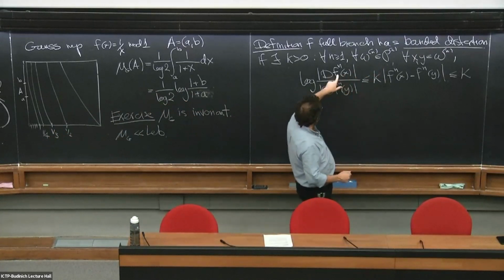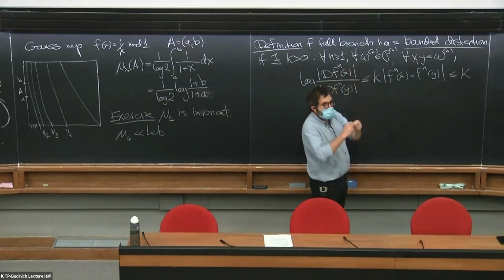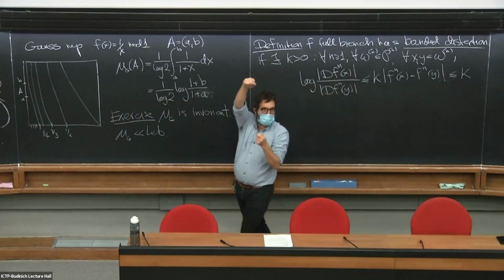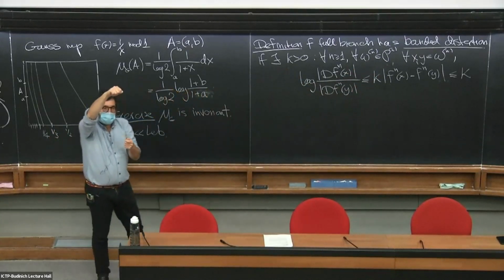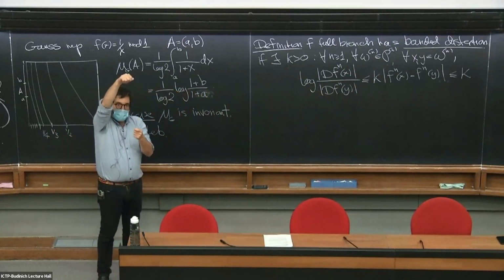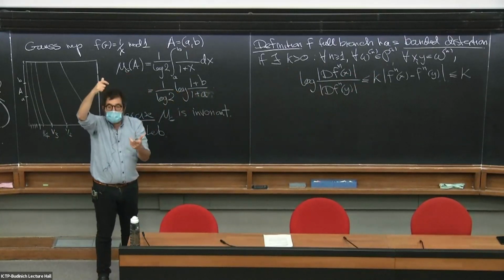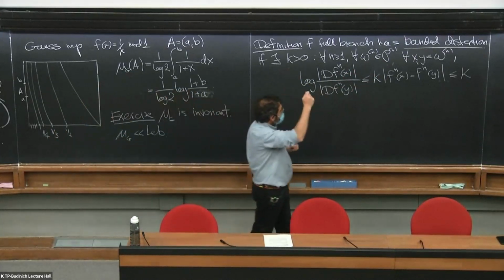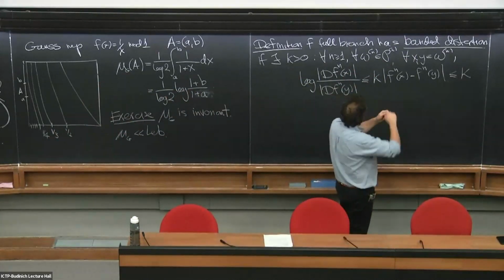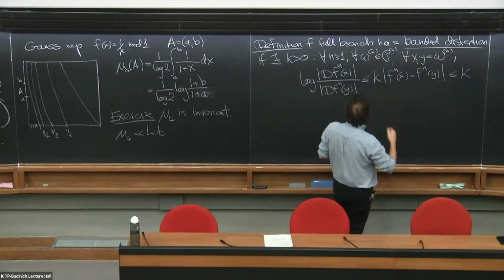And Fn is mapping each of these elements to the whole interval 0, 1, right? So the derivatives are going to infinity intuitively, right? Because you're taking very small intervals and you're mapping it to the whole interval 0, 1.